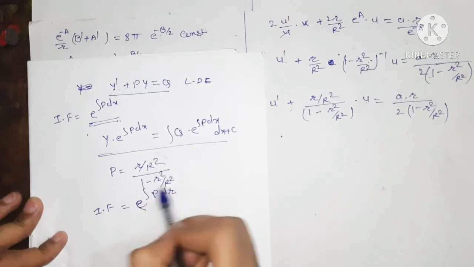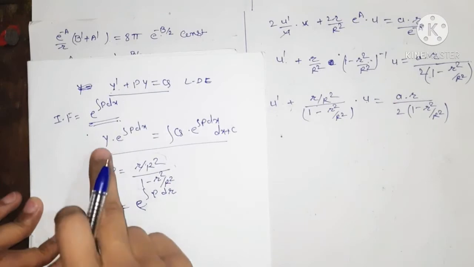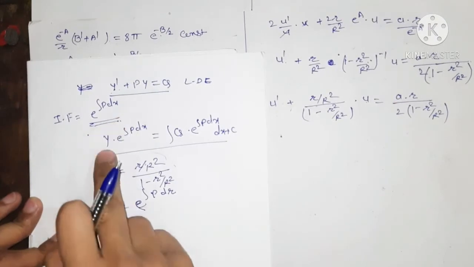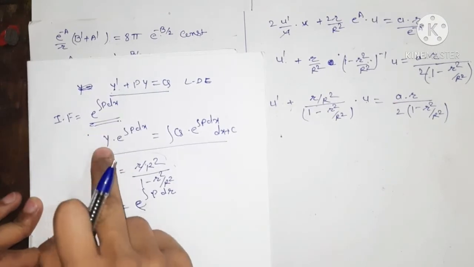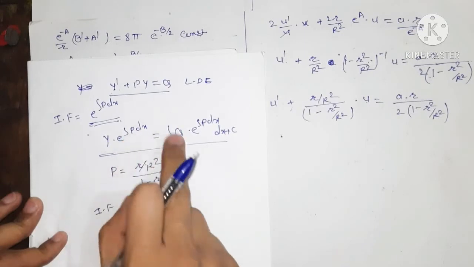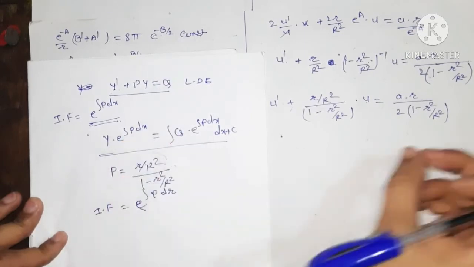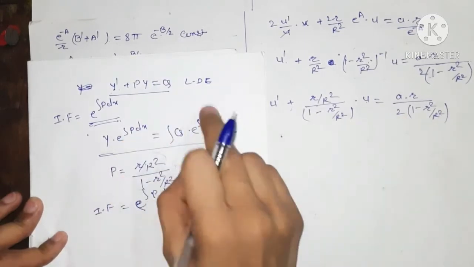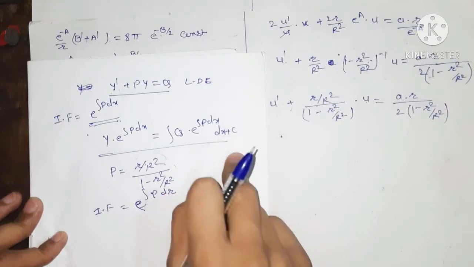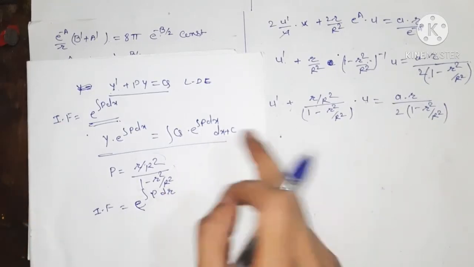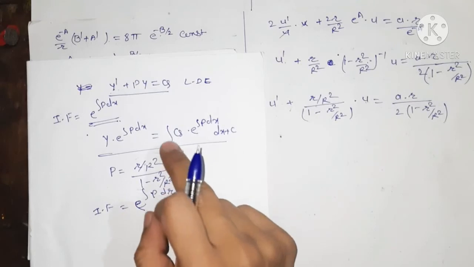Okay, so p is this, and then the solution of this differential equation is y into the integrating factor equals integral of q, this term, into the integrating factor dx plus c. We solve this equation using the linear differential equation method.